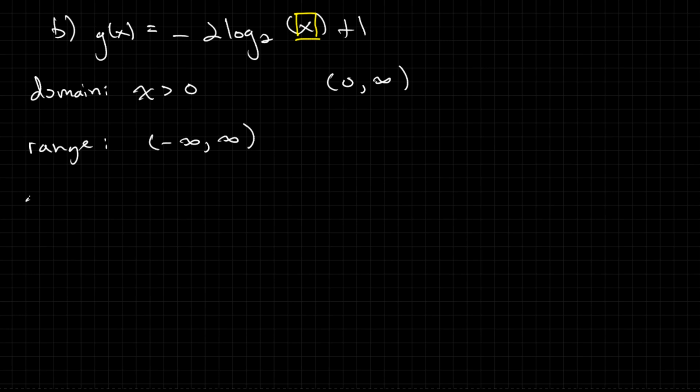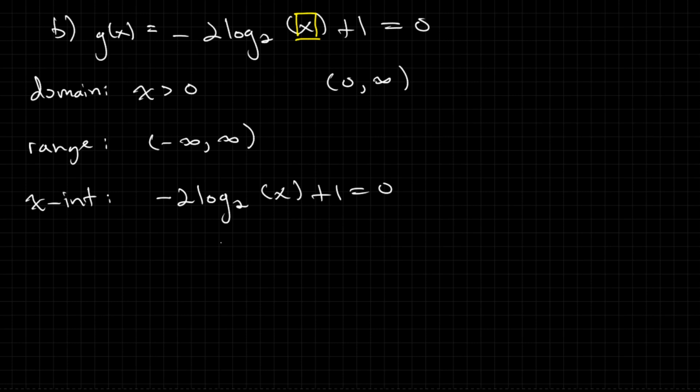Now let's take a look at the x-intercept. So remember, to find the x-intercept, we'll set y equal to 0, and we'll solve. So negative 2 log base 2 of x plus 1 equals 0. I'm going to subtract 1 and divide by negative 2, so then I would get negative 2 log base 2 of x equals negative 1.